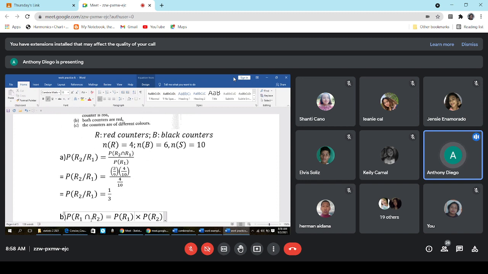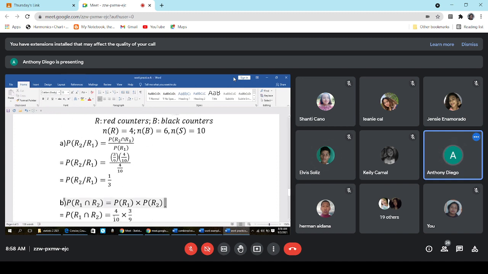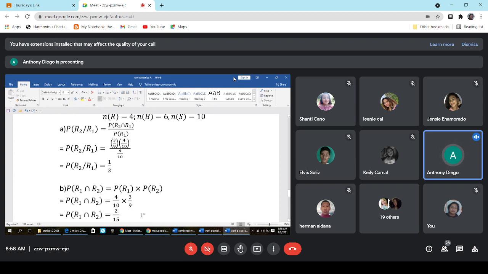That they are not being replaced. Okay, it is not being replaced. So selecting the first red counter would be 4/10, and then selecting the second one will be 3/9. And so our answer will be 2/15.